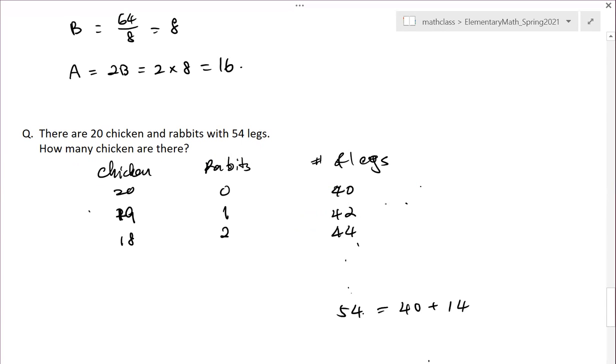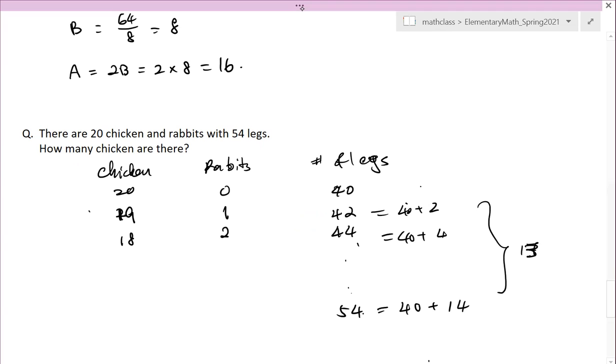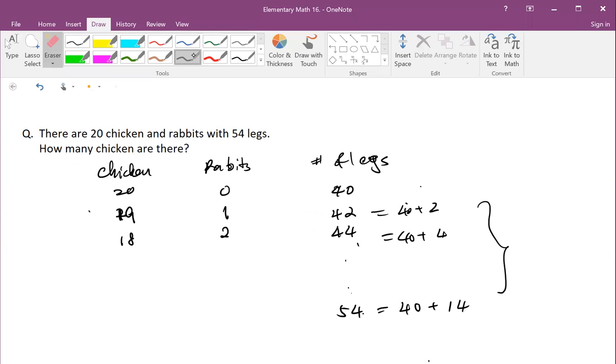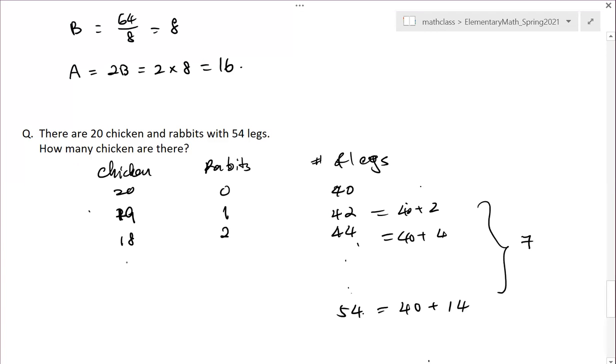So you increase by 2 each time, so in total you have to switch 7 times. 7 rabbits here, right? 7, not 17. So that's why the chickens should be 20 minus 7. That should be 7. You double check.